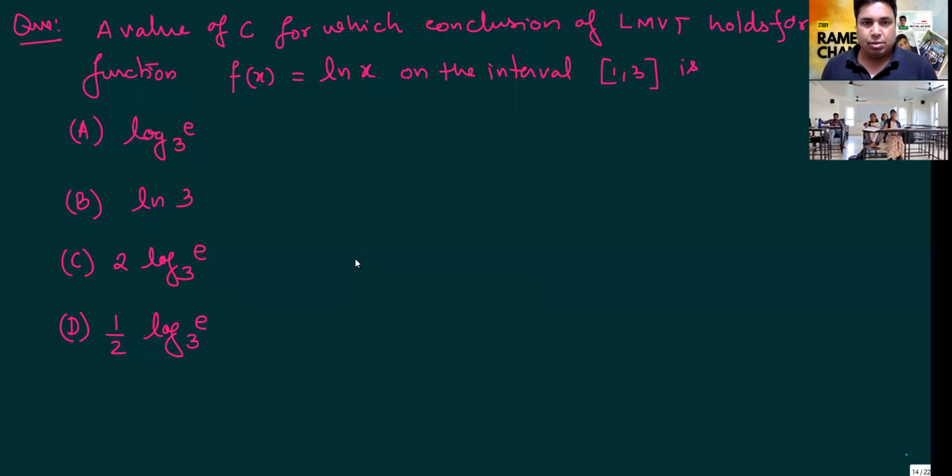Solve this question. A value of C for which the conclusion of LMVT holds for the function f(x) equal to ln x on the interval 1 to 3 is. There are 4 options A, B, C, and D. So you need to find C. Solve it. Do it fast.